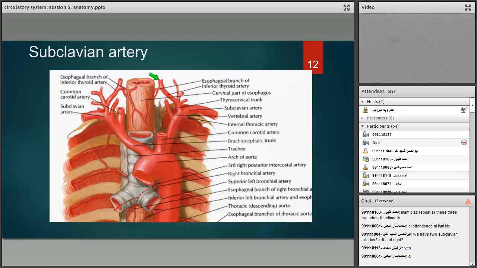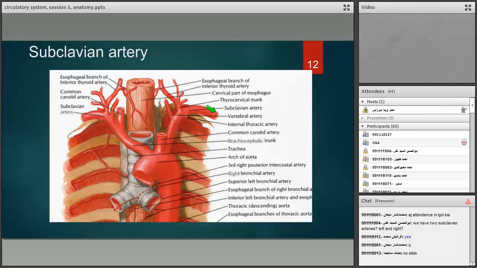One of the other arteries of the subclavian artery is the vertebral artery. Look at here, this is the vertebral artery. I'm explaining slide number 12.